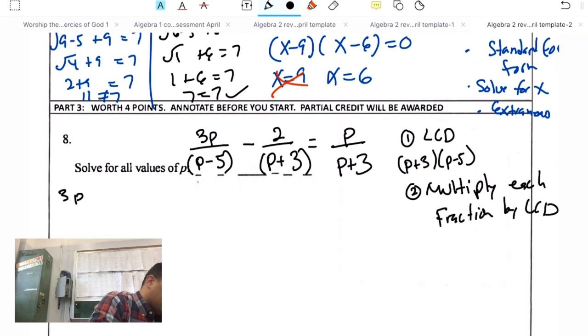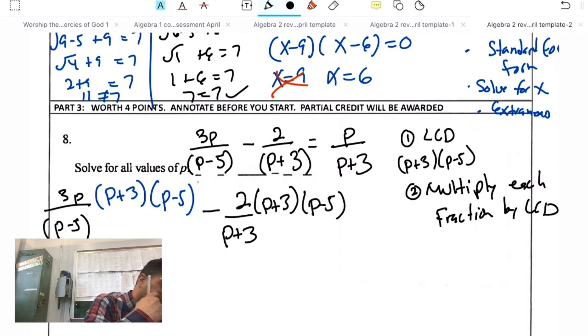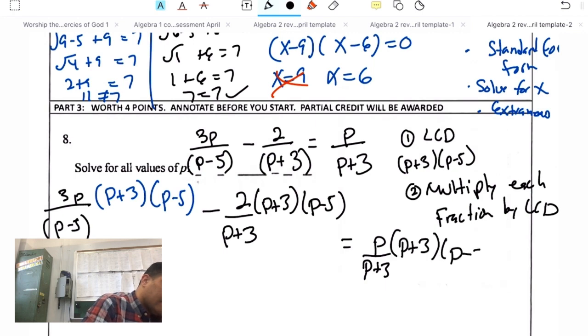So we're going to have 3p over p minus 5 times the LCD, which is p plus 3 times p minus 5, minus 2 over p plus 3 times p plus 3. Right, we got to multiply every fraction by that, and then equals p over p plus 3 times p plus 3 times p minus 5. Okay, so that's the LCD that we're multiplying each fraction.